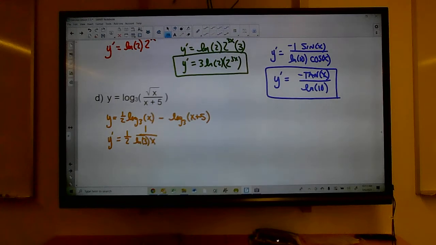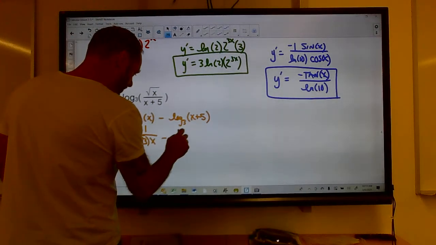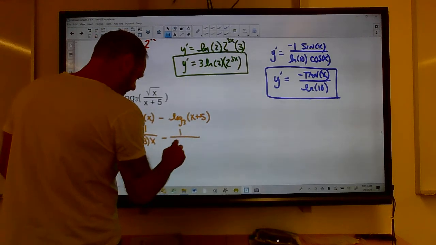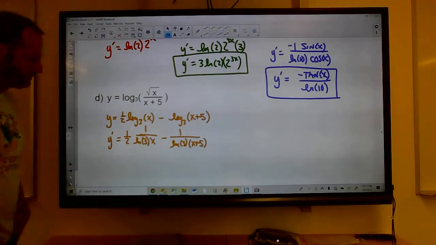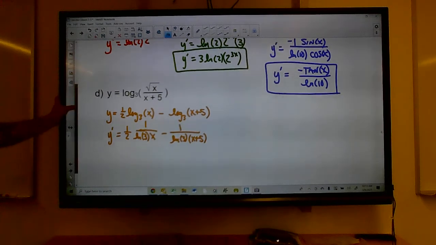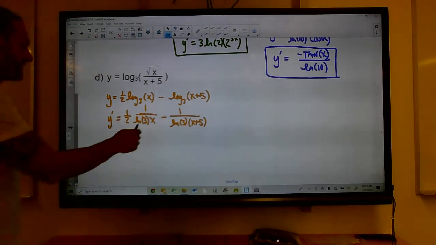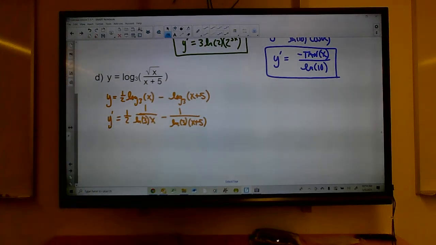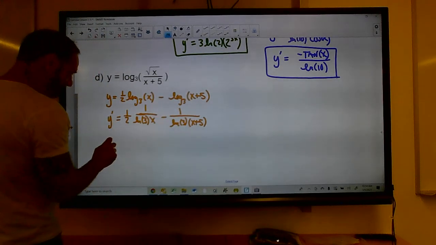Now the second part is going to be 1 over the natural log of 3 times x plus 5. And now we can find a common denominator and combine those. I mean, this is the answer. You could leave that and you're going to get credit.